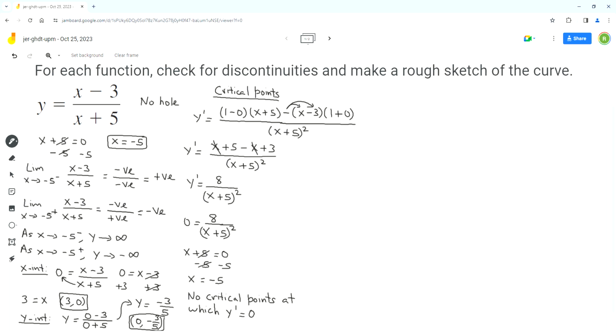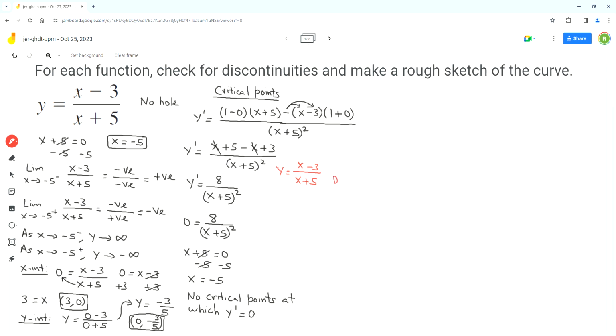Now we can analyze the horizontal asymptote and the end behavior around the horizontal asymptote. For that, we'll have to modify the given function. So I'll use a different color now. The given function is y equals x minus 3 over x plus 5. In order to find the horizontal asymptote, we'll have to analyze the degree of the denominator.